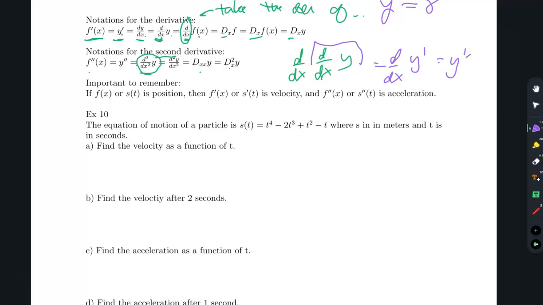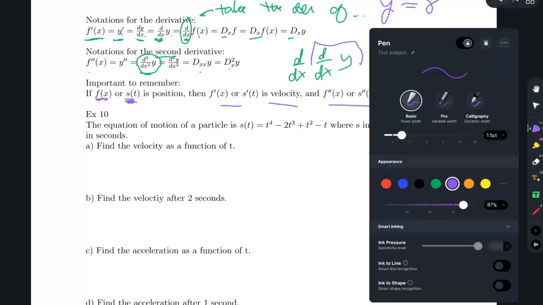So that's all that d over dx means: take the derivative. Okay, so if I have the function f of x, or s of t is the position, then one derivative is velocity, and two derivatives is acceleration.